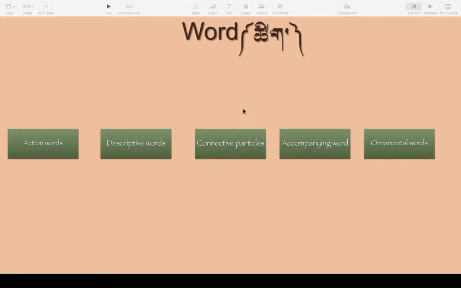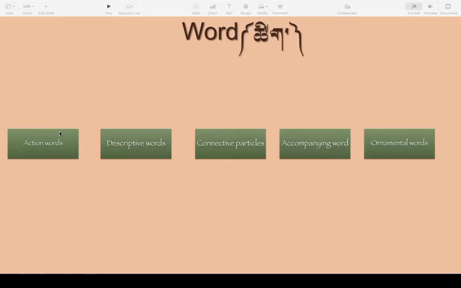And the thing is that it's not that the connective particles are wrong in this case. It's just that the way we are analyzing it, we're trying to understand the meaning of the connective particles, where in reality, connective particles by themselves don't have any fixed meaning. So therefore, we must understand the meanings of these connective particles by referring to the word that it has been added to or connected to.